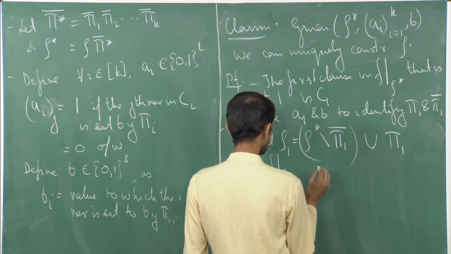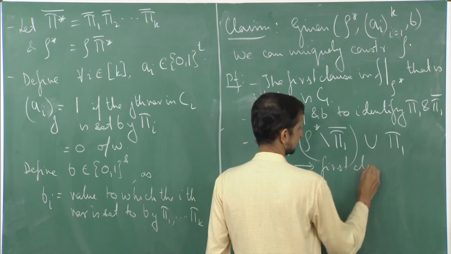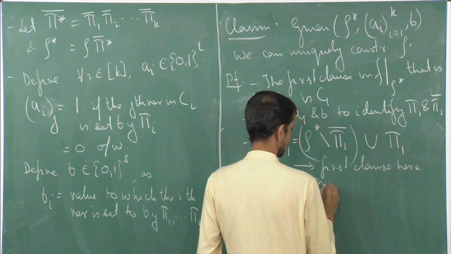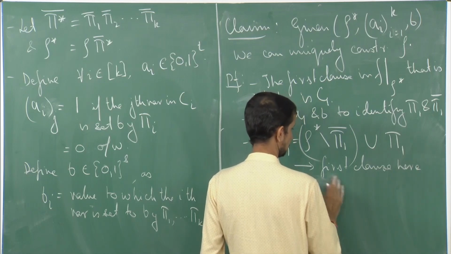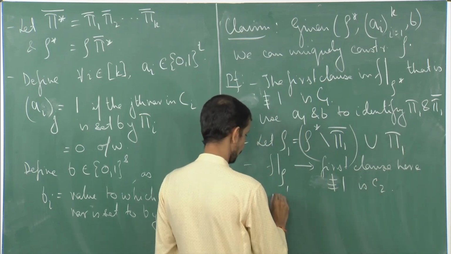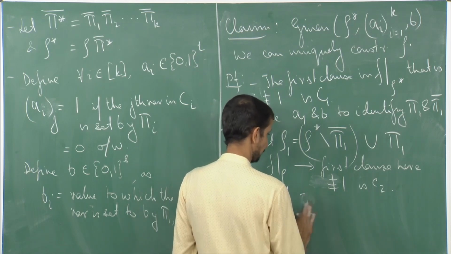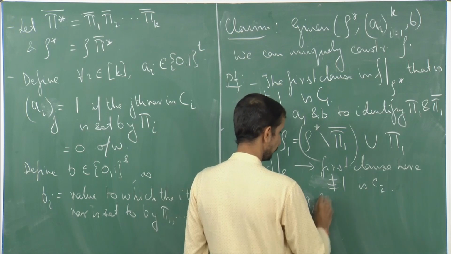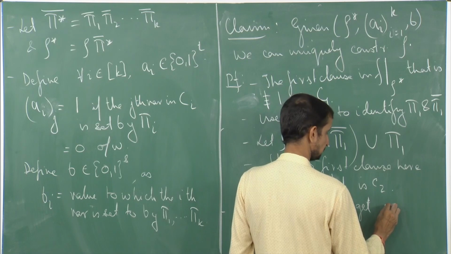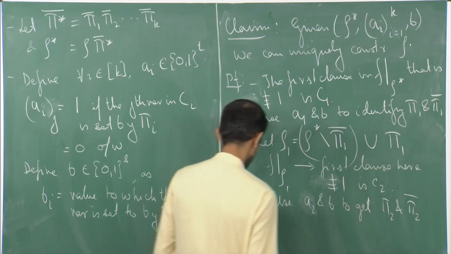Okay. So, the first clause here not identically 1 is C2. Okay. Once again use A2 and B to get pi 2 and pi 2 bar.